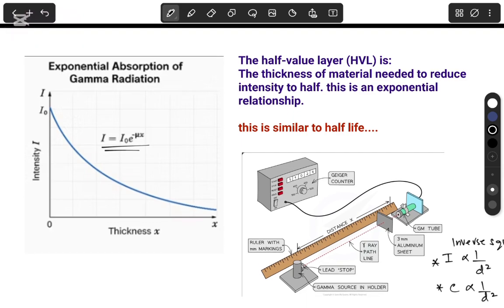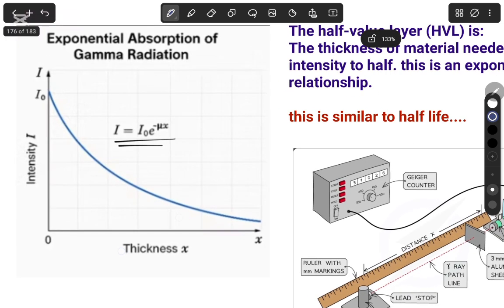Half thickness means the thickness of material needed to reduce the intensity to half, and this is an exponential relation. Just how we have half-life, we also have half thickness. It's a similar concept, so I want you to keep the concept of half-life in mind when you go into this as well. At a specific thickness, your intensity will reduce to half.